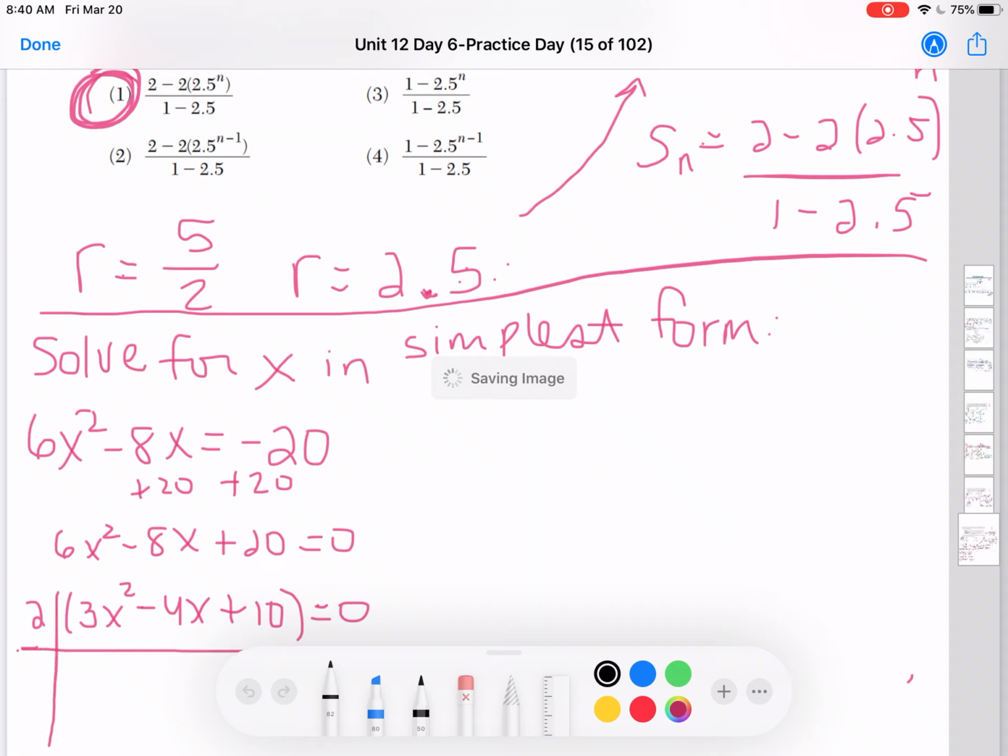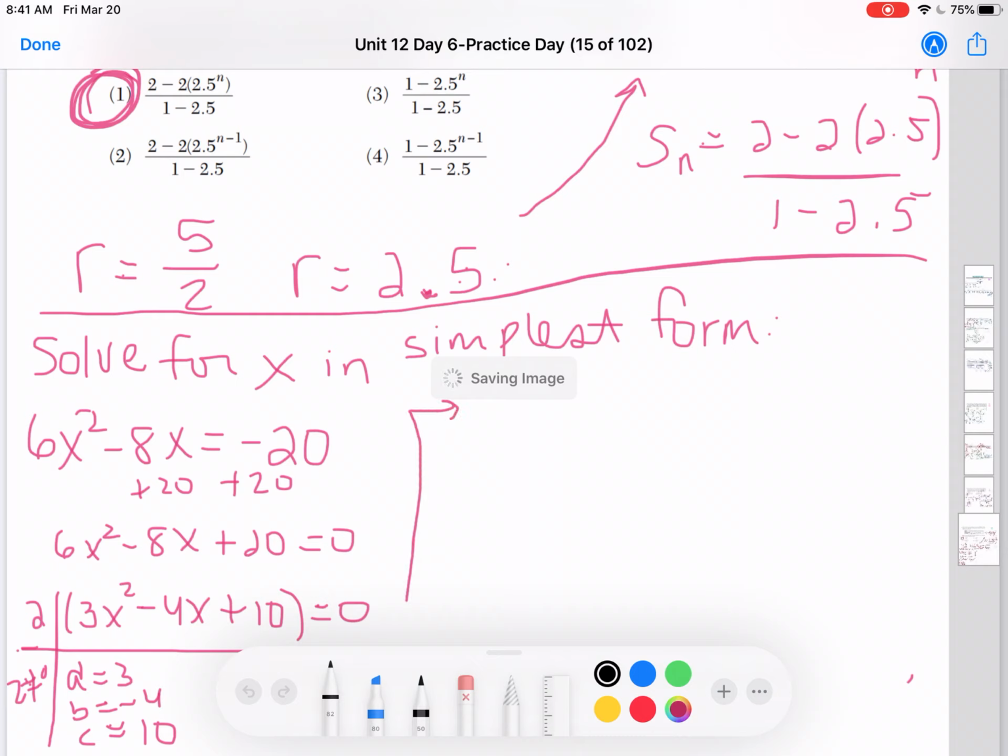So now we're going to set each factor equal to 0. And this guy, we're going to have to use quadratic formula. Okay, so A is 3, B is -4, and C is 10. So I will put this review question on your test.